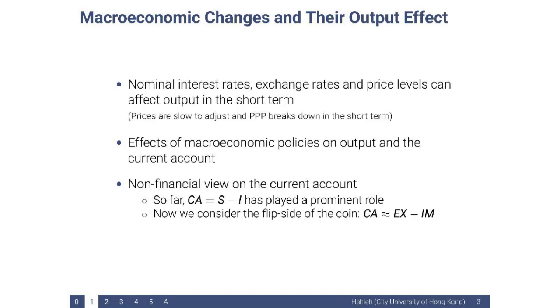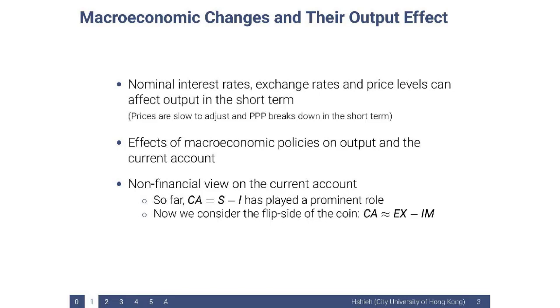So the objective: we want to understand macroeconomic policies and their impact on output and the current account. The link between financial markets and the real economy is through the current account, and it's linked through that single parameter Q, the price ratio. Up till now, we focused primarily on the financial side, S minus I: total savings, domestic savings and savings abroad, minus domestic investment.